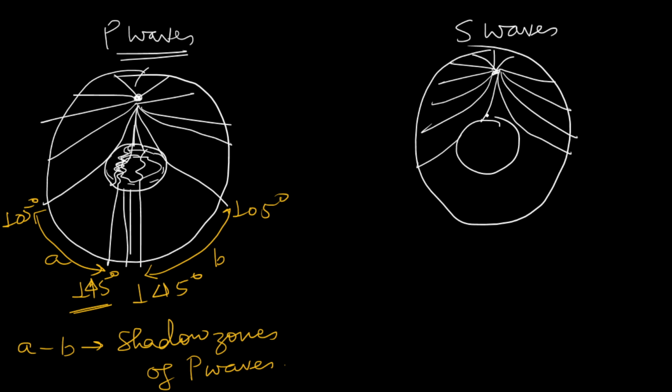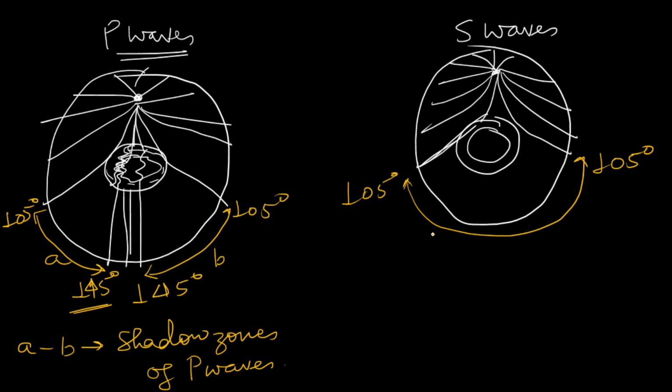Because we all know that S waves don't move in liquid, and the outer core is liquid, in a molten state. So they are not observed on the seismograph in this region, due to the presence of the liquid outer core. This is from approximately 105 degrees onward. So this will be the shadow zone of S waves.